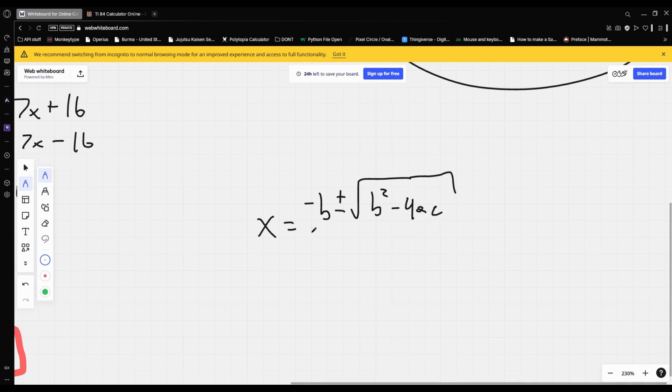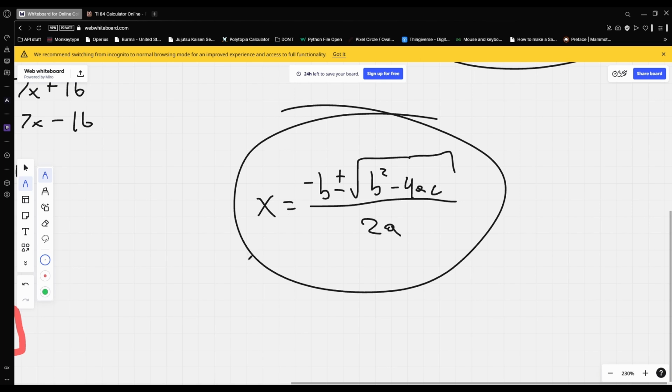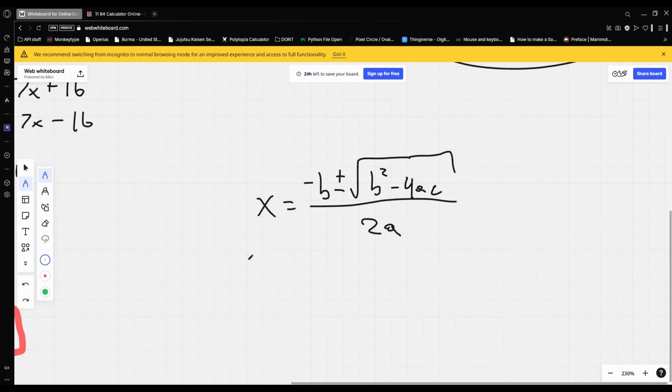Every time I write this out, I feel like a genius, even though it's normal. This is the quadratic formula. You need it, because if there's any irregular things that don't want to get factored, then you're screwed. That's all there is to it. You're kind of cooked. But if you use this, then you can factor anything you want.